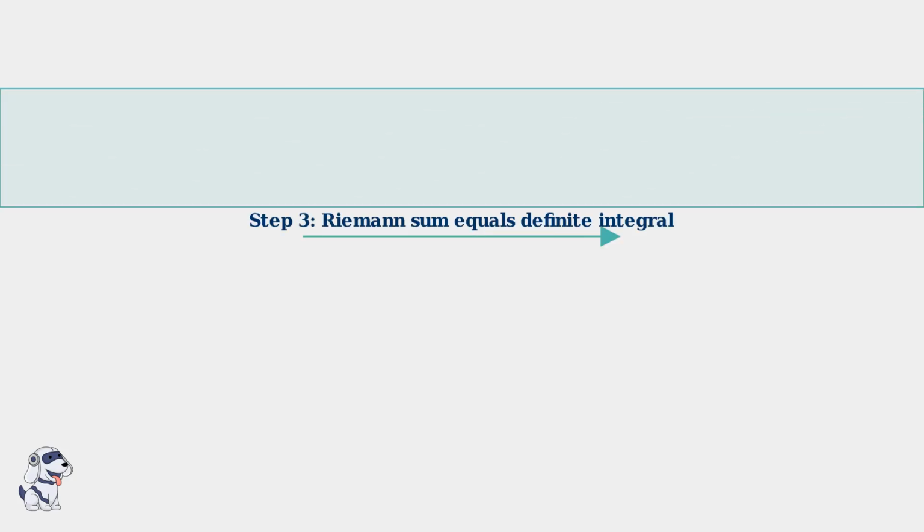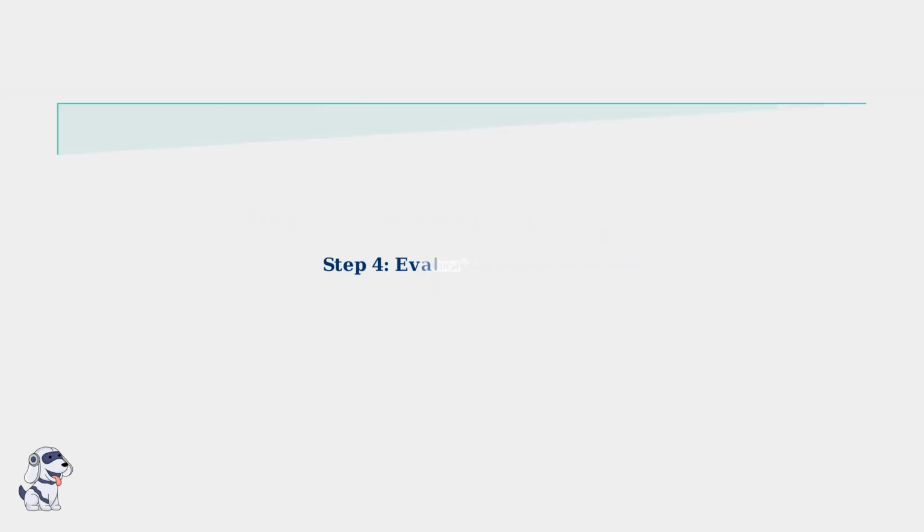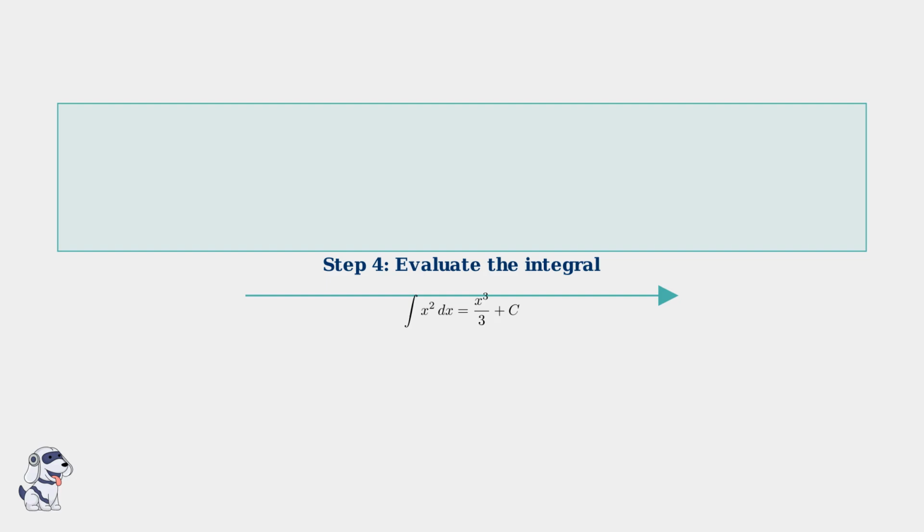Therefore, this Riemann sum equals the definite integral of x squared dx from 100 to 500. To evaluate the integral, find the antiderivative. The antiderivative of x squared is x cubed over 3 plus c. So we evaluate x cubed over 3 from 100 to 500.